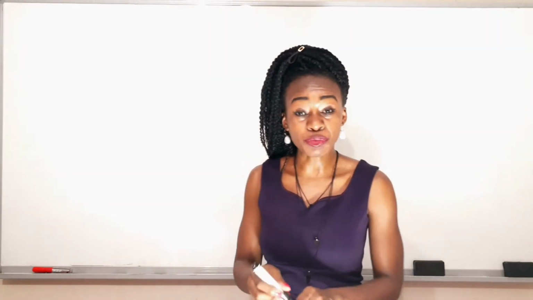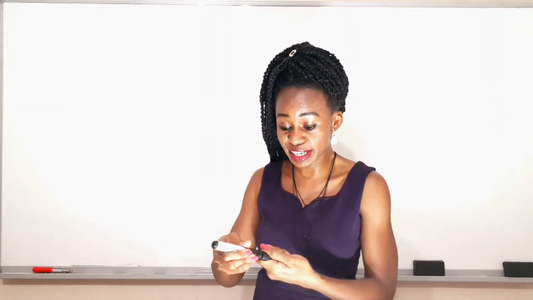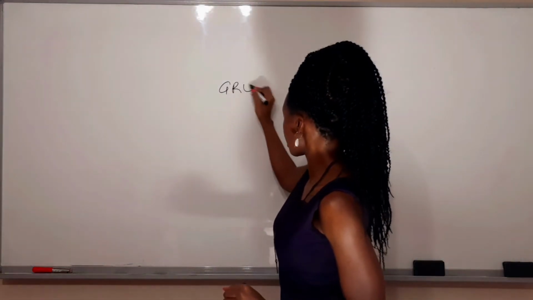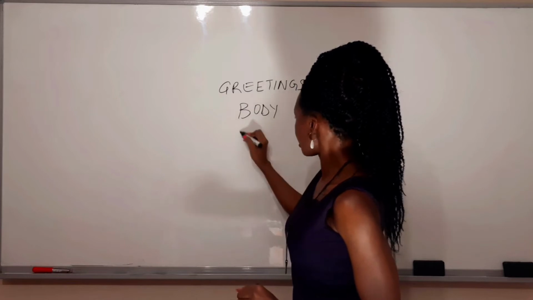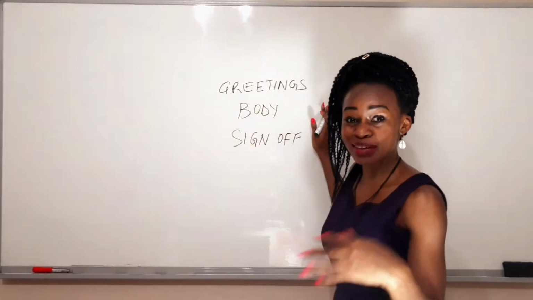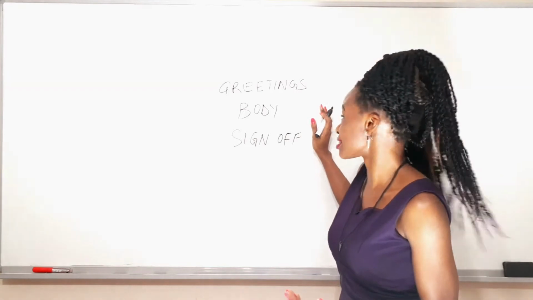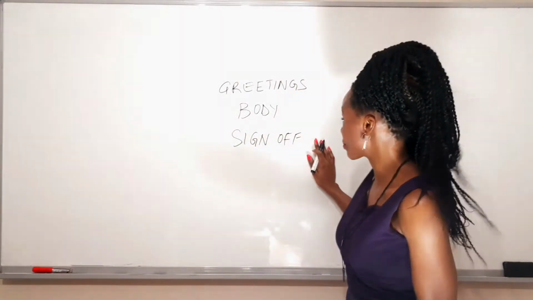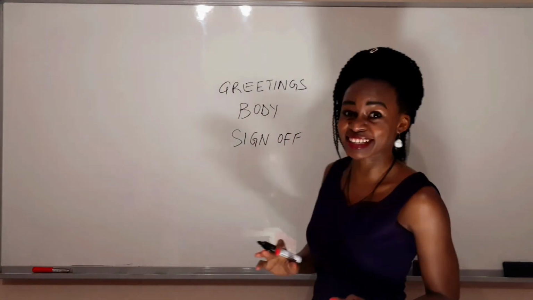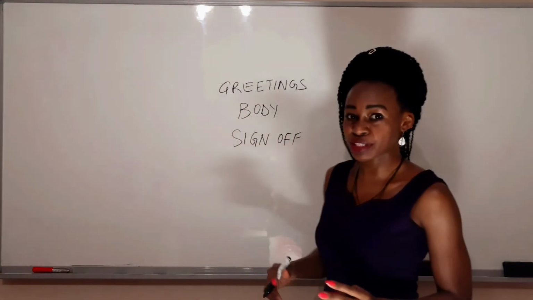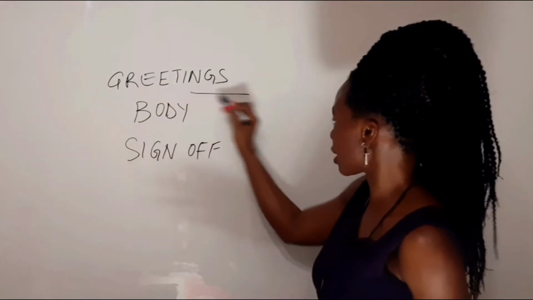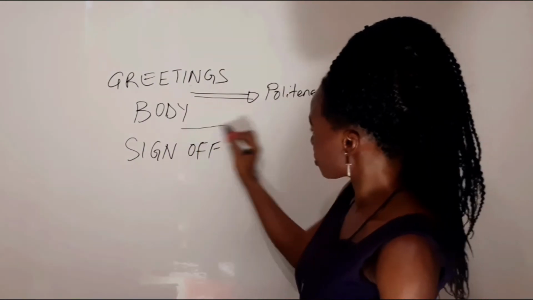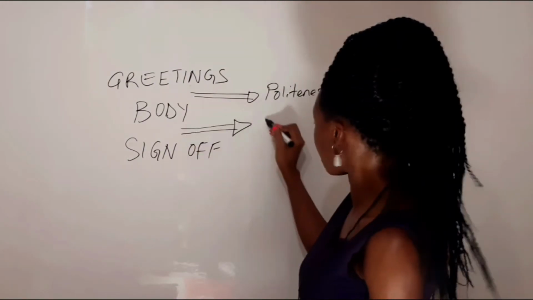So generally, when people are writing emails, they generally have 3 parts. That's greetings, the body, and a sign-off. I'm also going to give you a few phrases to use when you're writing greetings, but I suggest you use 5 parts, which means we're going to add politeness here, and we're going to add a closing.